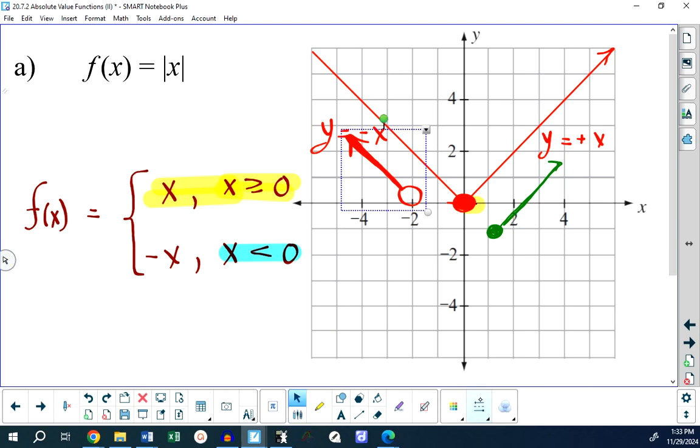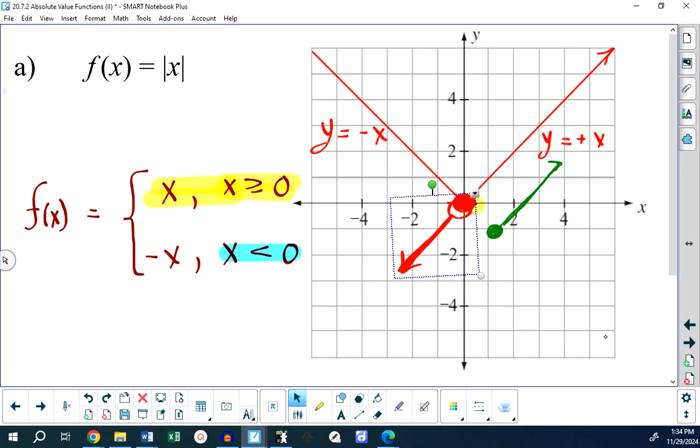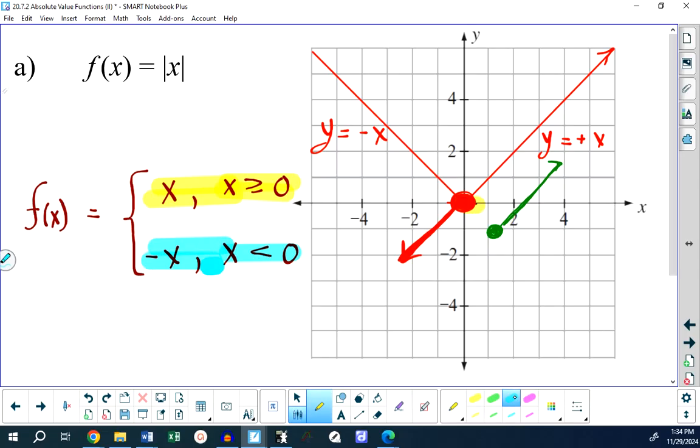And really, everybody, this is exactly what we were doing yesterday. We were taking something that was below and we were flipping it up, weren't we? The difference is now we're flipping it up and we're telling you what the equation of that flipped up part is.